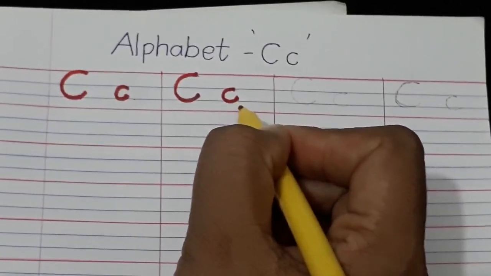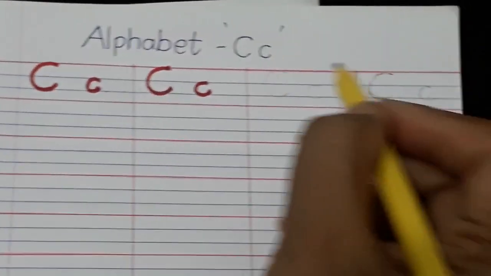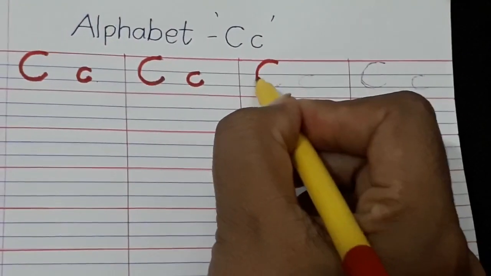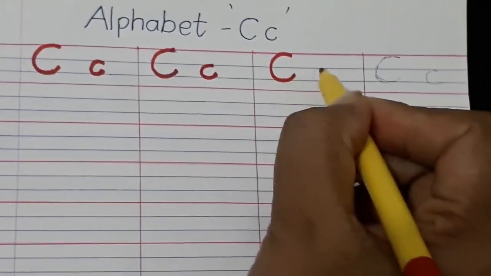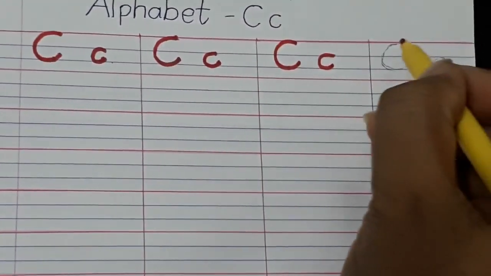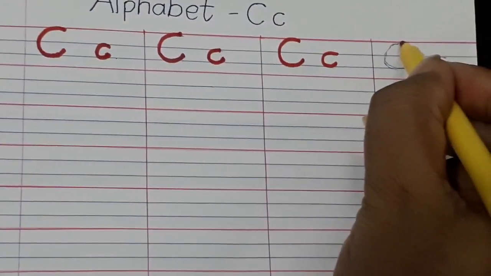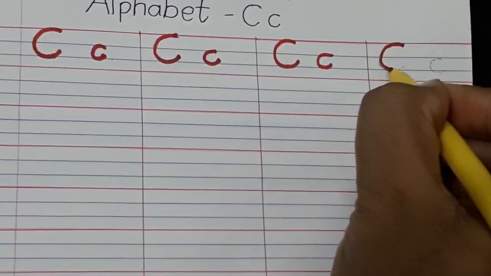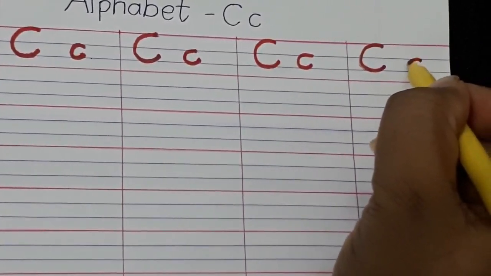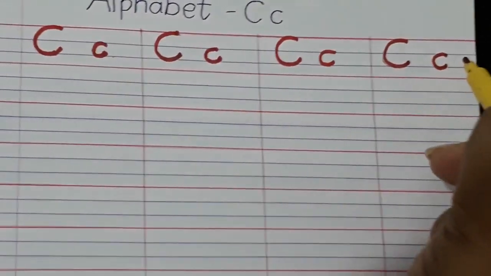This is our small c. Same like this, capital C and small c. Again, from red line to blue line, capital C and blue line to blue line, small c.